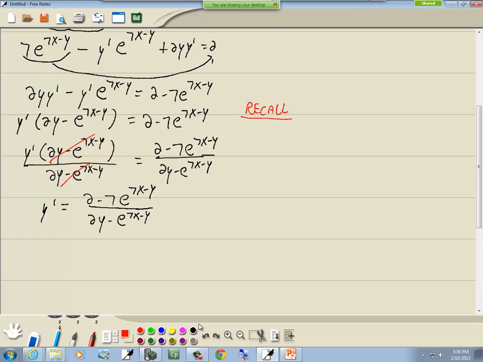Now, recall our original problem. Our original problem was e^(7x-y) plus y squared is equal to 2x. Now I could solve this for e^(7x-y). So I'll take the y squared over, and we've got e^(7x-y) is equal to 2x minus y squared.